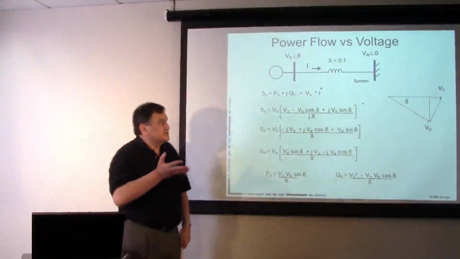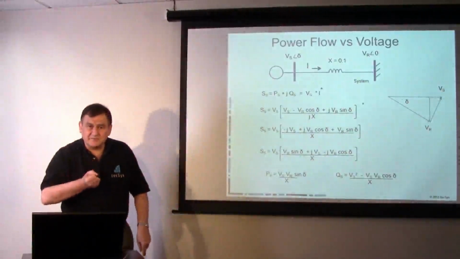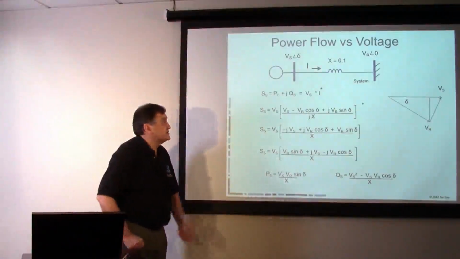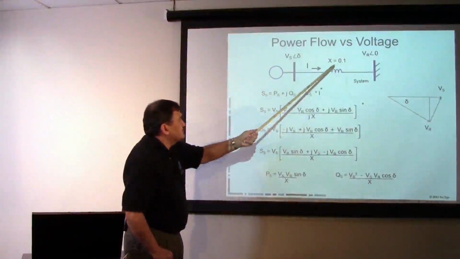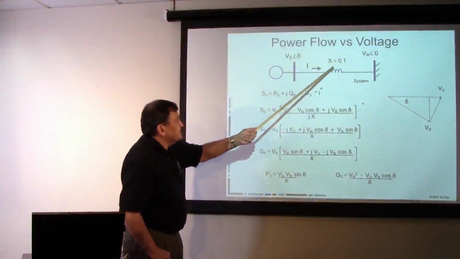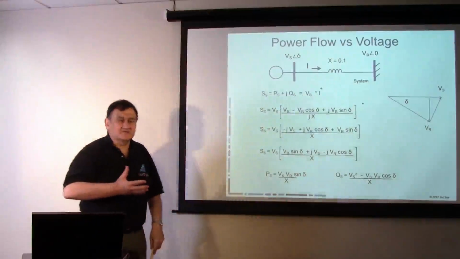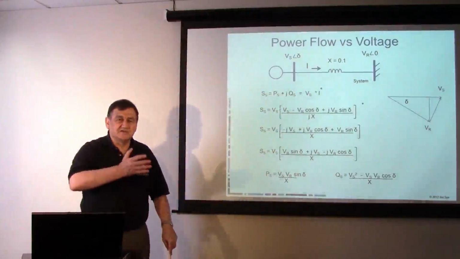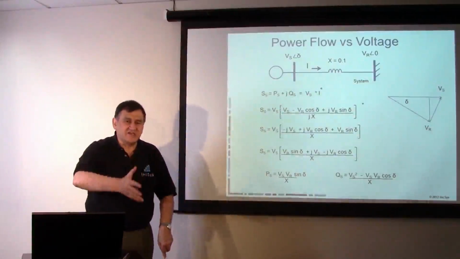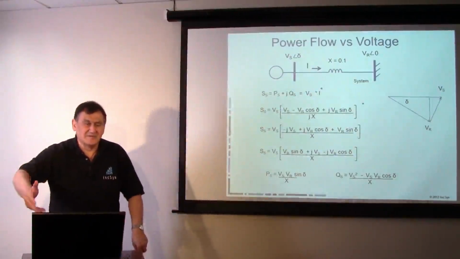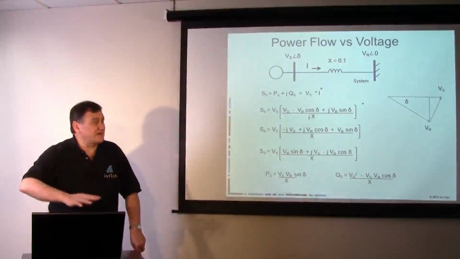I then divide that voltage by my impedance, which in this case is only a reactance. So when we deal with complex numbers as electrical engineers, we say an impedance is the resistance plus J times the reactance. And again, this is what makes the math work out.